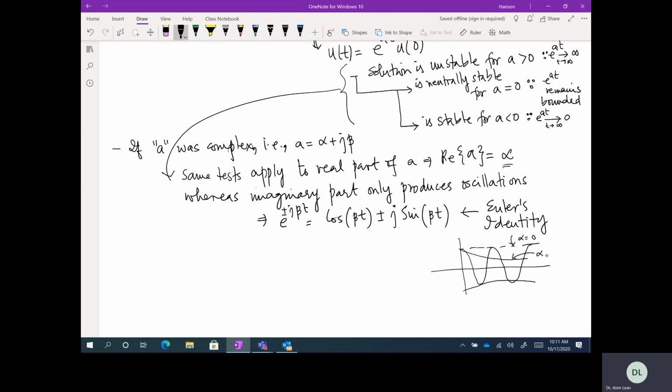This is when alpha is negative. And if you have a growing exponential, then it is like this. Your signals are increasing, and this is the case where alpha is greater than 0. And when alpha is greater than 0, obviously you have an unstable system.